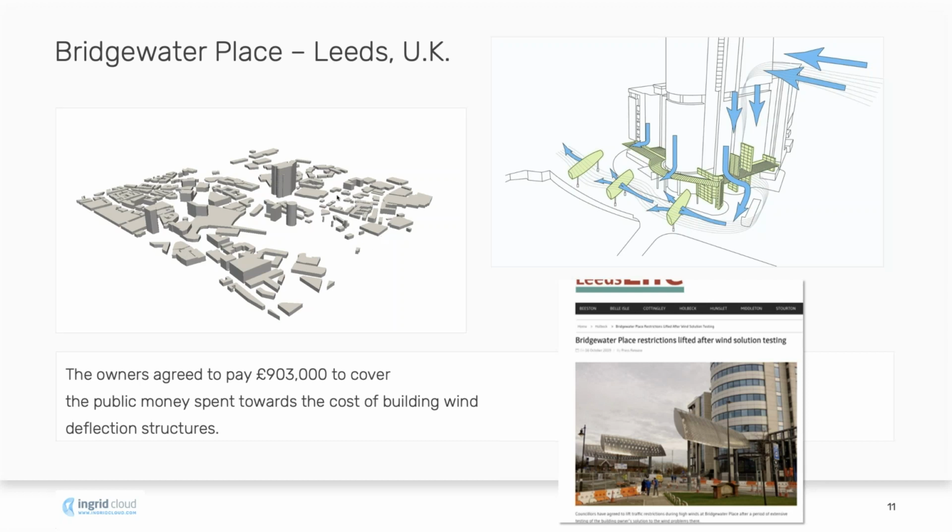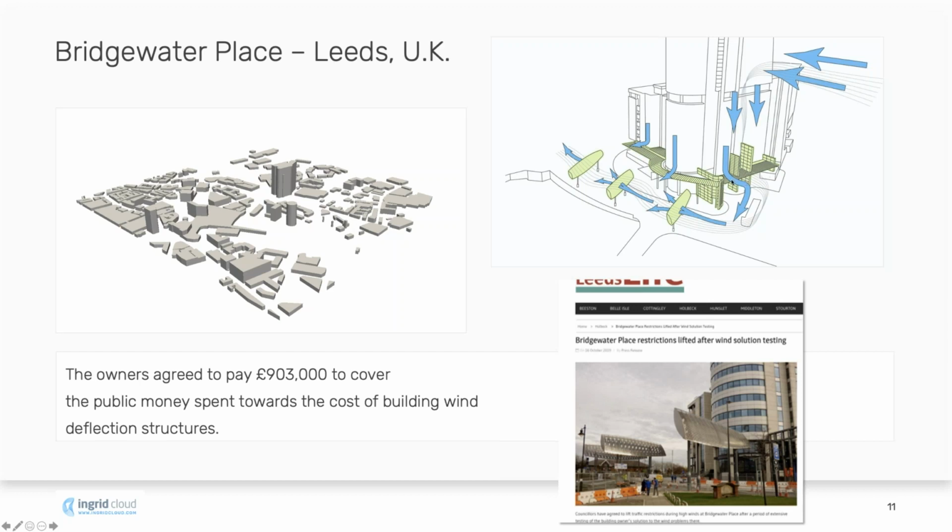Unfortunately, this building created such strong wind that the safety of the pedestrians was endangered, so that the owners agreed to pay a huge amount to cover the cost, which was spent to build mitigations, as you can see on the right-hand side.